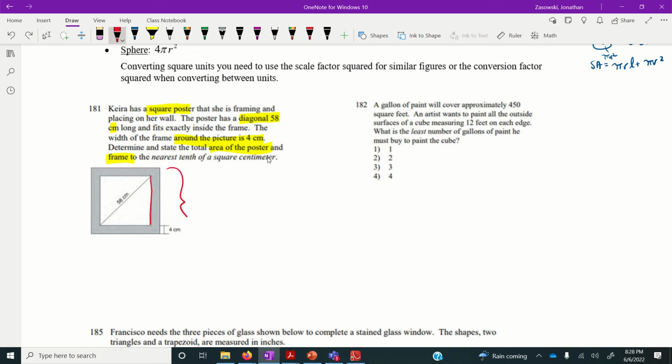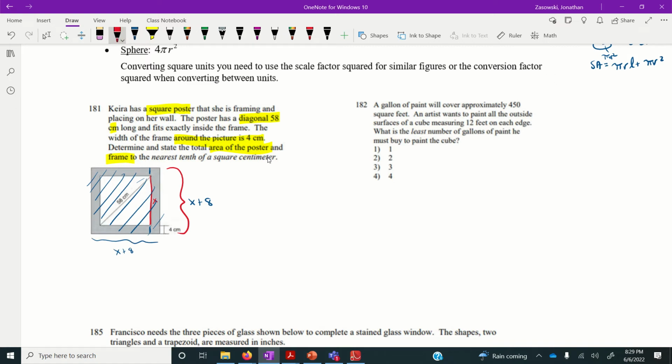So if we can figure out that length, which we can call x, then all we're doing is adding 4 onto each side here. 4 here and 4 here. So this side is going to be x plus 8. And in order to figure out the area of this entire thing, I just do length times width, or side squared. And this side is also x plus 8. So I'm just going to multiply these two sides together.